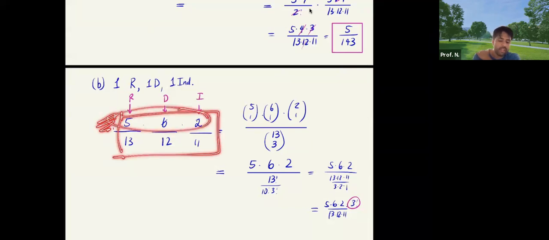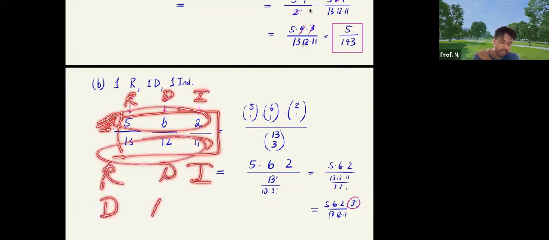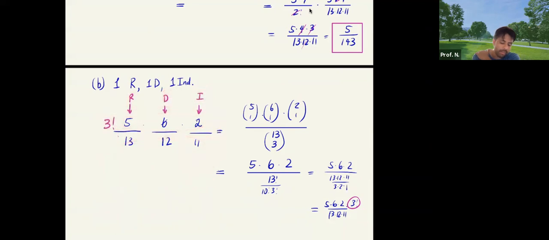Because here I'm treating this as Republican, Democrat, independent. And here I'm treating them as Republican, Democrat, independent, Democrat, Republican, independent, and all those different variations. So for every single one of these combinations that I have up here, I have 3 factorial ways to permute them. So that is why I have to multiply by 3 factorial.